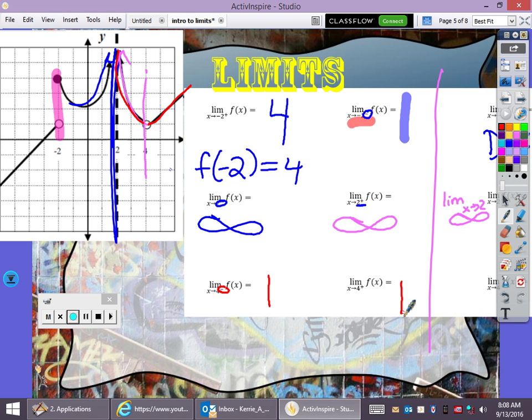And that y value is 1. If there is a single value that both sides of the graph are heading towards, you have a limit. The limit is 1. Now, the difference is if I had asked f of 4, that would be does not exist because the dot is not colored in. But the limit exists. Here, the limit does not exist because there's 2 different paths that I could be traveling on. I don't know which path I'm on. So this would be does not exist.